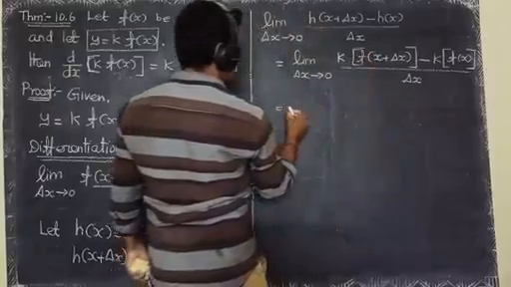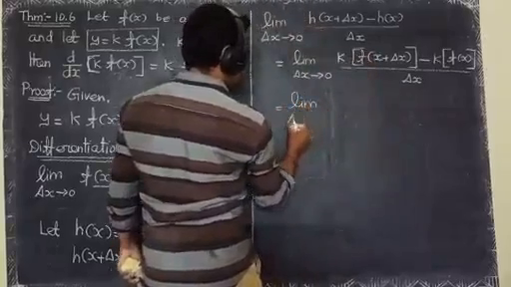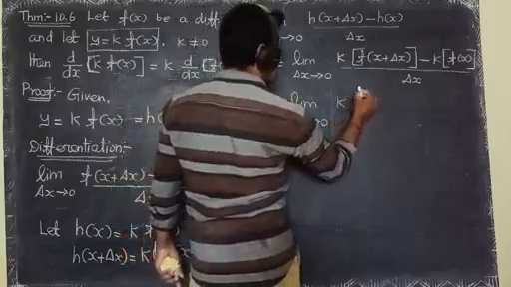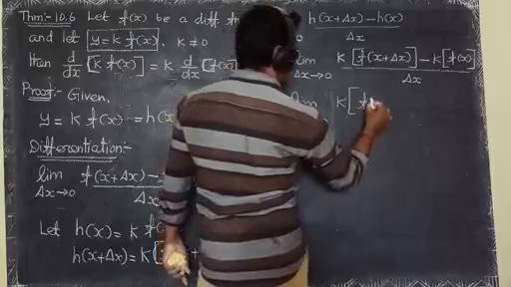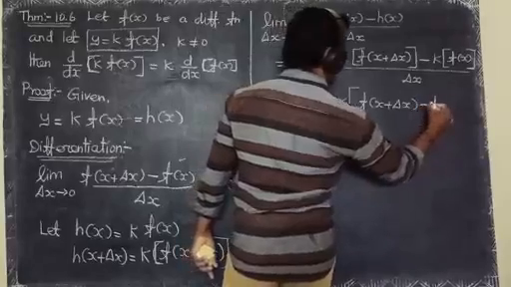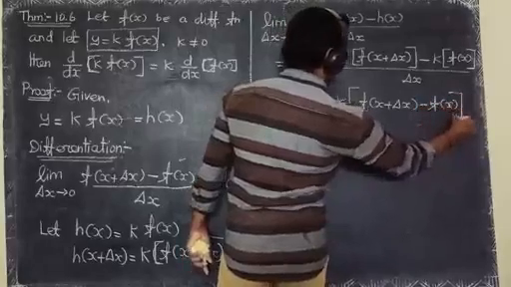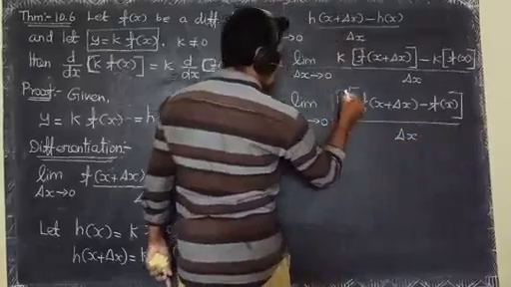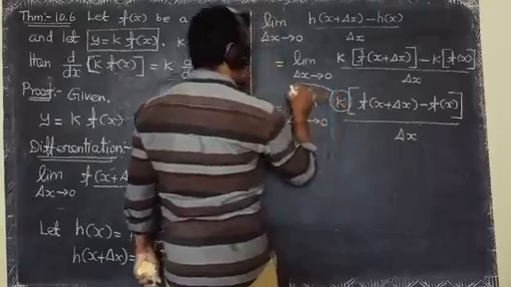Take the constant k outside the limit as del x approaches 0. That leaves f of x plus del x minus f of x, divided by del x. This is the constant, take it outside.